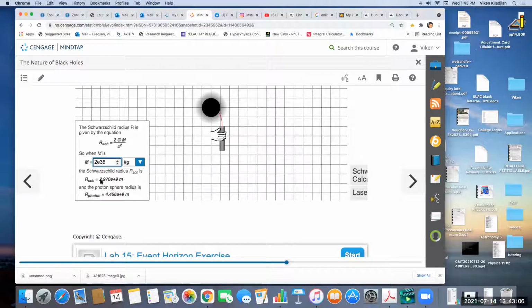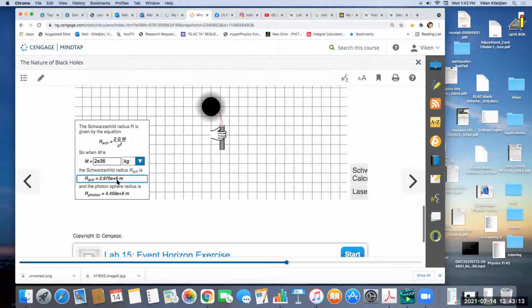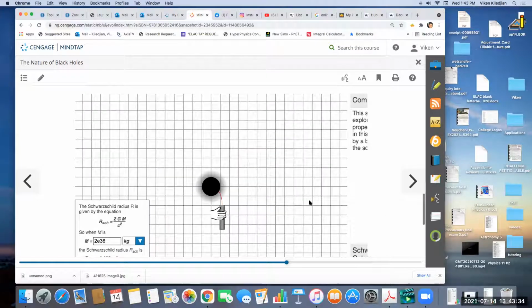Its Schwarzschild radius will be, okay, let's convert that to kilometers by dividing by 1,000. So that'll be about 3 million kilometers. Yep. That black hole will just eat up anything close to it. 3 million kilometers Schwarzschild. Okay, so you see how that simulation works.